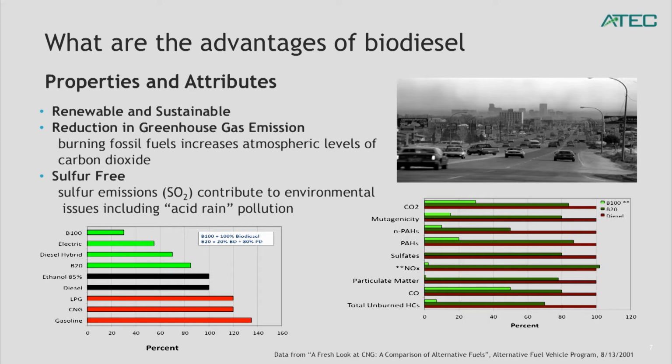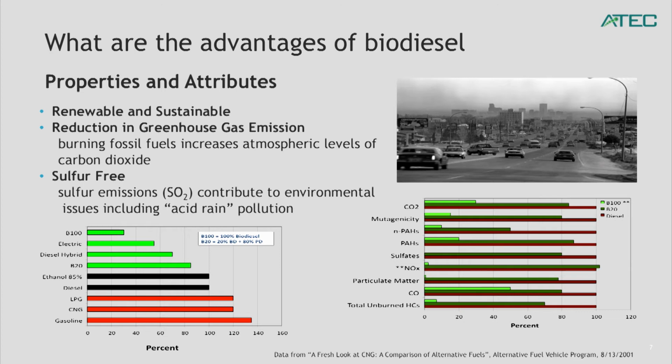So if you look at the graph on the bottom left, you can see if you look at diesel, we normalize diesel to be 100 and we compare everything to that. And if you look at all the technologies there, B100, which stands for pure biodiesel, not diluted in anything, right? That's the most CO2, global warming gas, efficient molecule and process out there, even better than electric, because most electric cars derive their electricity from petroleum-based sources like coal.